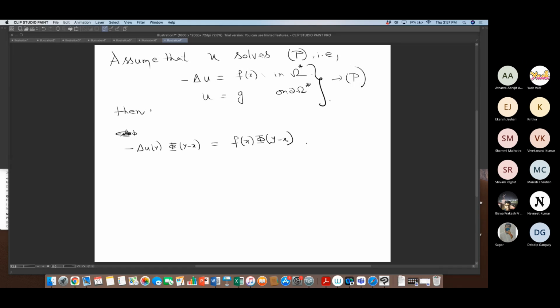No, because you just see, omega star consists of two boundaries. On del omega, u equals g. But on del B(x, epsilon), the boundary, we don't know whether u equals g or not, because this is an interior set. This del B epsilon is contained in omega, right? So this is not true. Okay, is that clear?